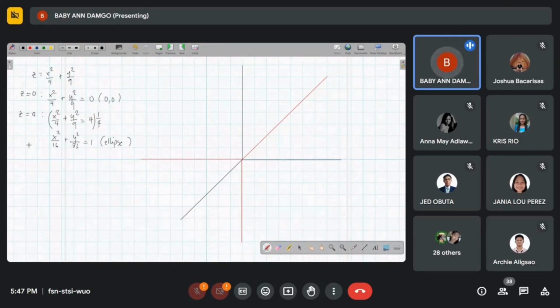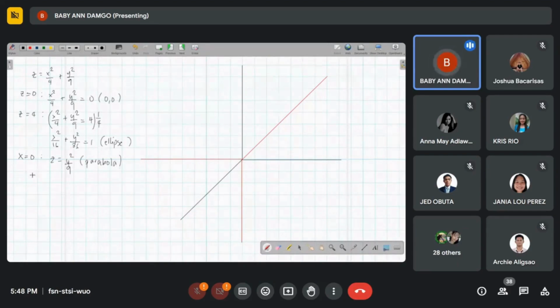Okay, so we have when x is equal to 0, so we have z is equal to y squared over 9, or we can write this as 9z is equal to y squared. So, this is of the form of the parabola.